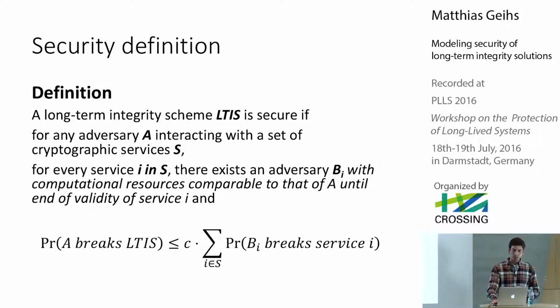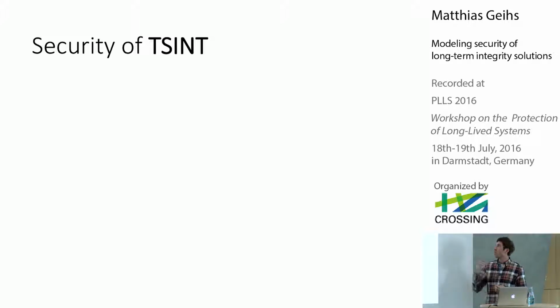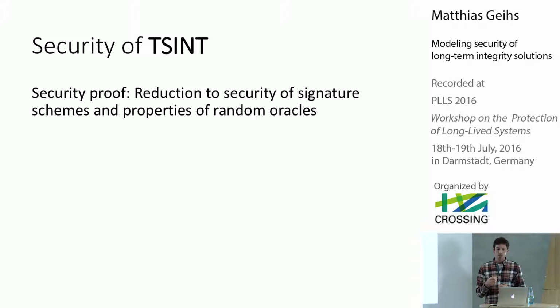And using the security notion, we can prove the security of the construction that we described. It's basically a reduction to the security of the signature schemes that are used by the timestamp services and some properties of the random oracle. So we can reduce the security of the long-term scheme to the security of the single services, giving a formal reduction.